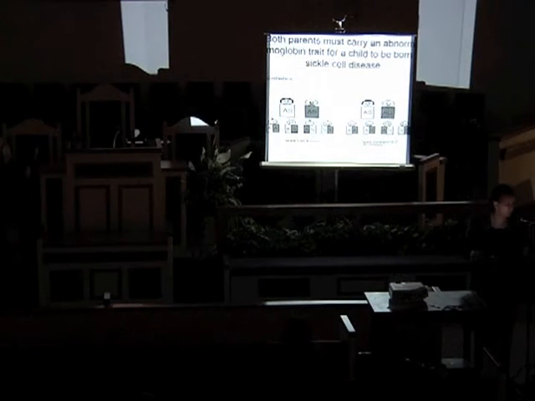So if you get 2 normal genes from the parents, you have a child who's normal. If you get 1 normal and 1 S, that's sickle cell trait. Sickle cell trait people are not sick usually. And then you have a 1 in 4 chance that the child inherits an S gene from both parents. That child is born with sickle cell disease.